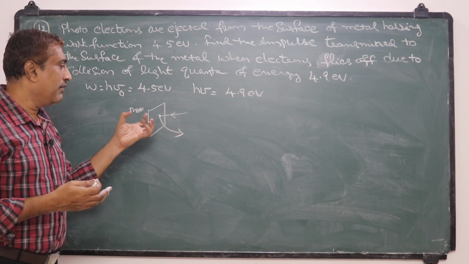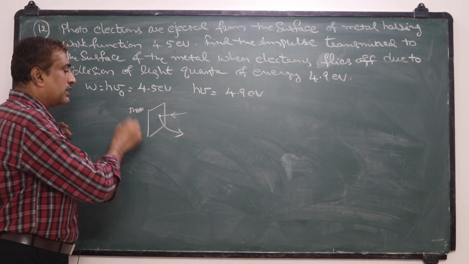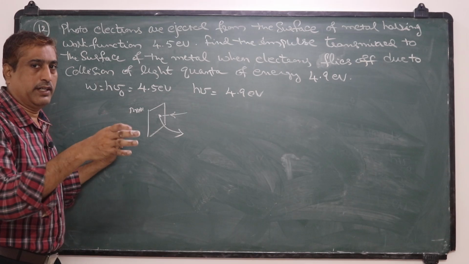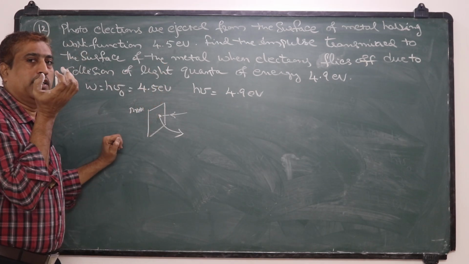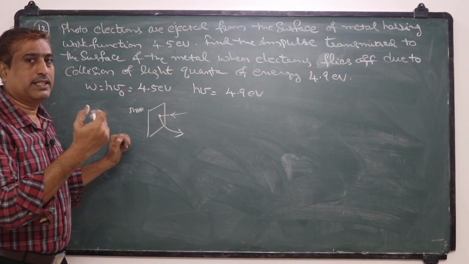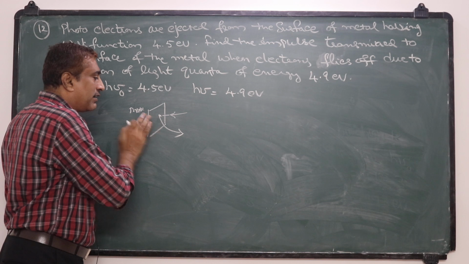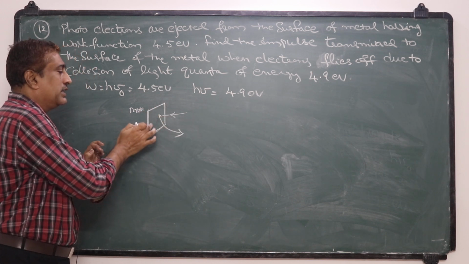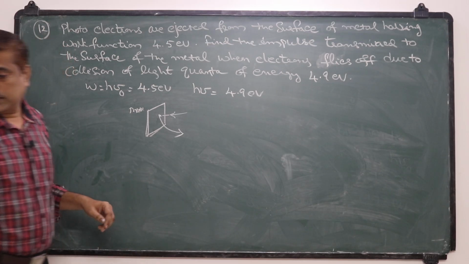By law of conservation of momentum and energy. Suppose, for example, if we take the emission of a bullet from a gun, when the bullet emits through the gun, the recoil of the gun takes place. That means the impulse is change in momentum. Okay. Similarly, here also, when the electron flies off from the metal surface, what is the impulse transmitted to this metal surface?